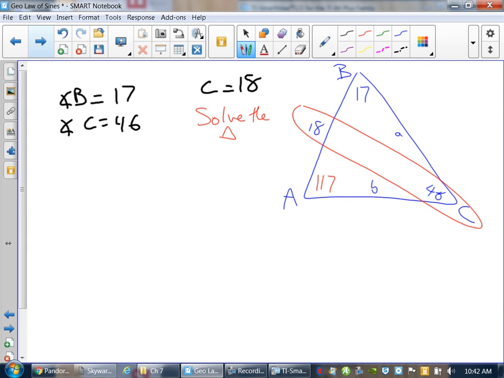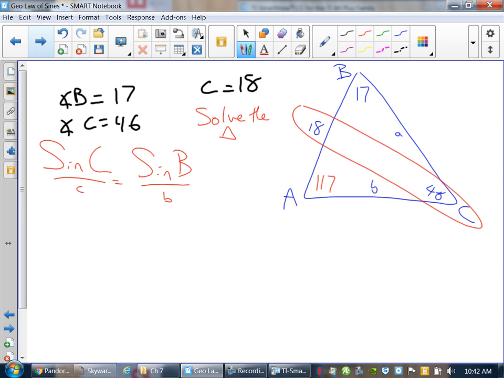Circle it. I'm going to use that as my standard, my pivot, if you will. And when I use that, I write it out. The sine of C is to its side opposite. The sine of B is to its side opposite. Now, does it matter if I find side A or side B first? No, it doesn't matter, because you're still going to reuse the C stuff as you're going through it.